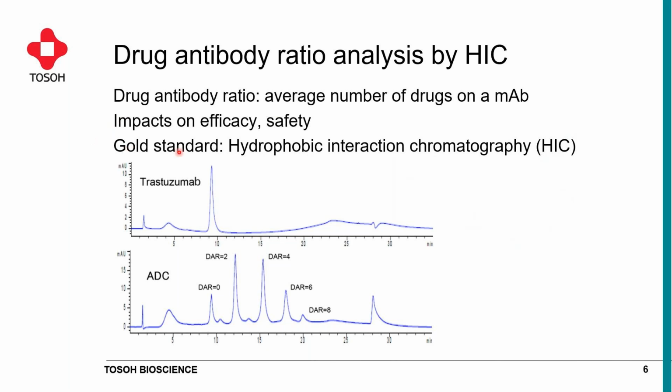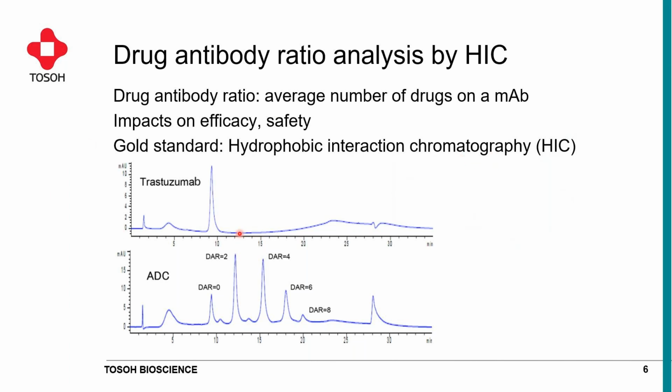One of the gold standard methods is to use hydrophobic interaction chromatography, because we heard before that the chemotherapeutic part makes the molecule more hydrophobic. So we can use HIC to separate our sample components by hydrophobicity in order to get back to how many drugs we have attached onto the antibody.